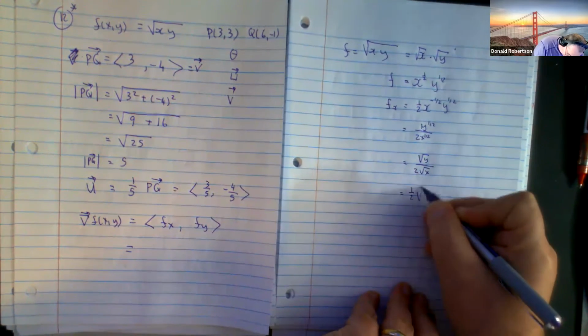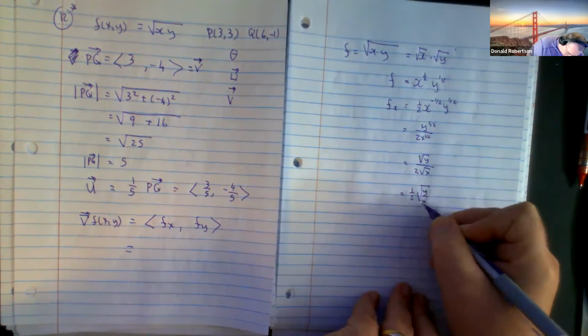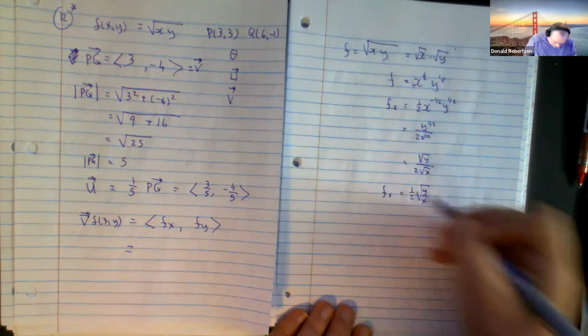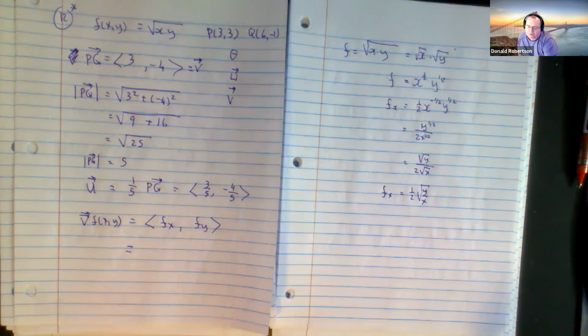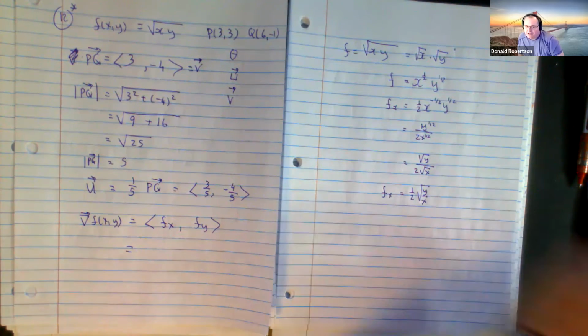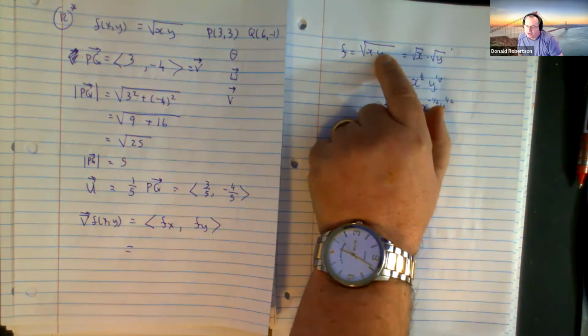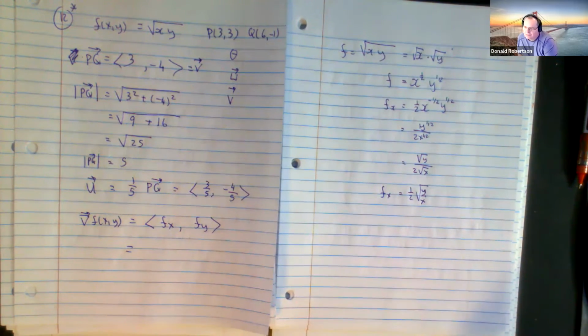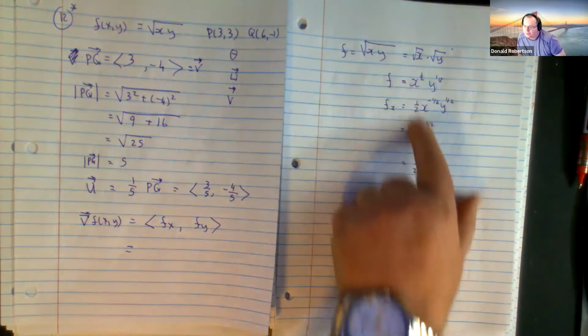Final answer, that guy. Are you comfortable about the partial derivative with respect to x? Bit messy, agreed. If I'd left it this way, you could probably do it, but wouldn't you have to be really careful? It's just very messy. Would you agree that's just more helpful?